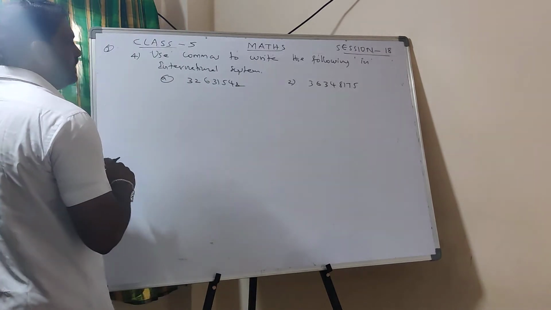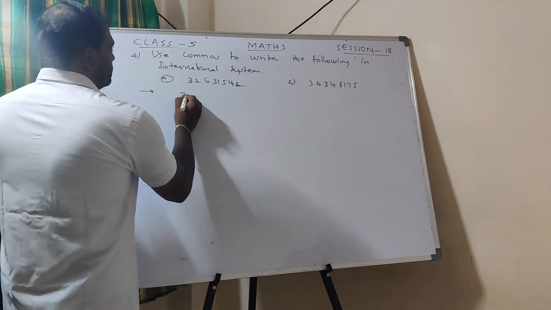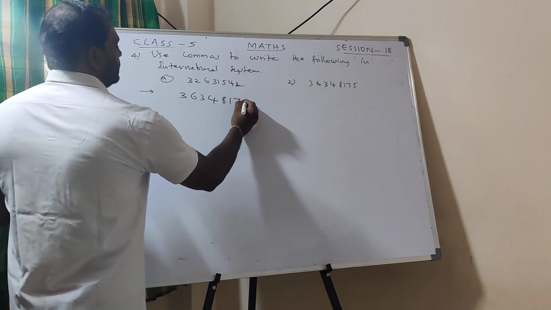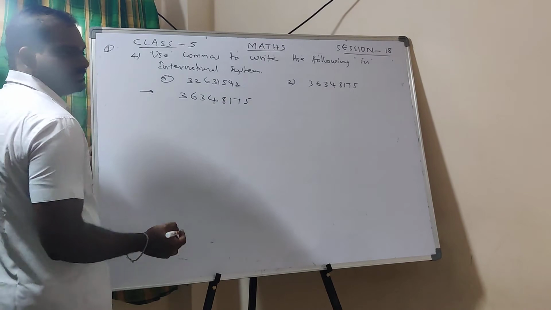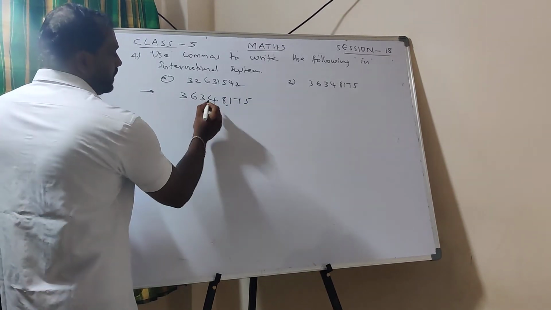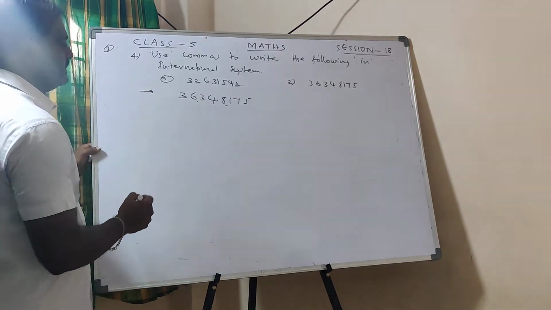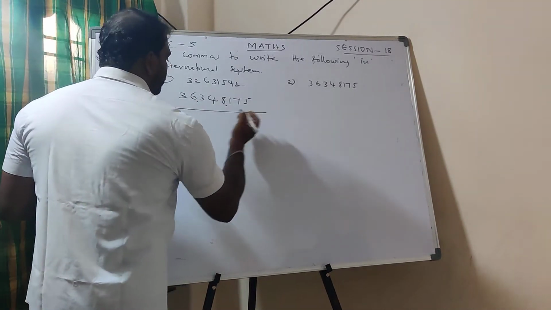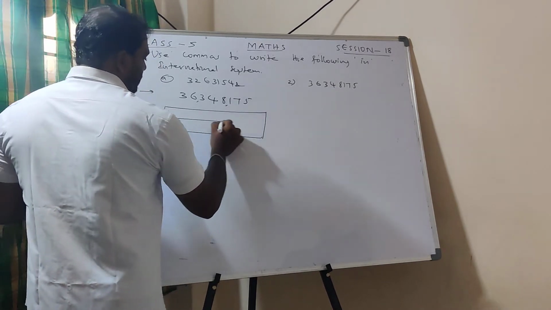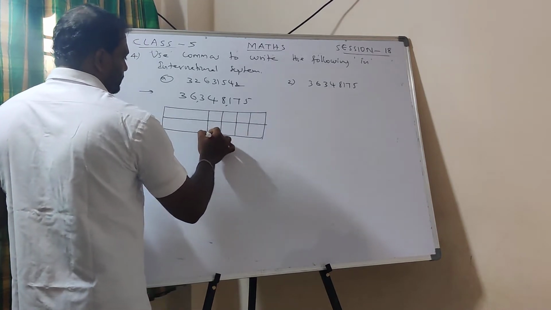The second question, number 2, is 3, 6, 3, 4, 8, 1, 7, 5. Same as before: units, tens, hundreds, 1000, 10,000, 100,000s, millions and 10 millions. It is the same as the previous question. Take the number and divide it into 8 boxes, because 8 numbers are there.